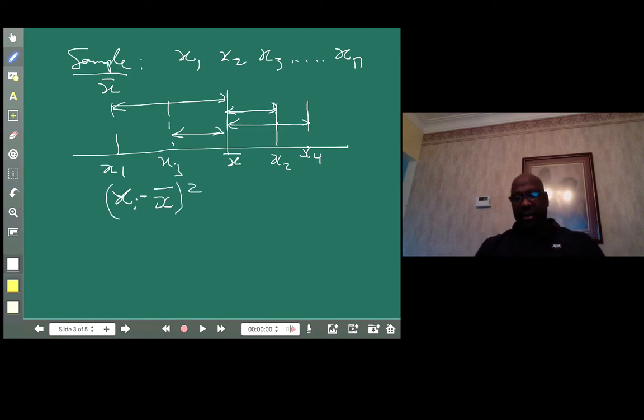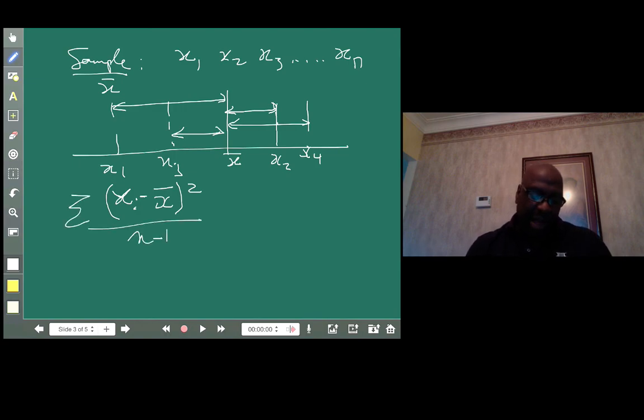Any negative differences become positive, and any positive differences stay positive. Remember, those differences represent the distance from the average. If we add them all up and then divide by the sample size minus 1, that gives us what we call the sample variance, S squared.